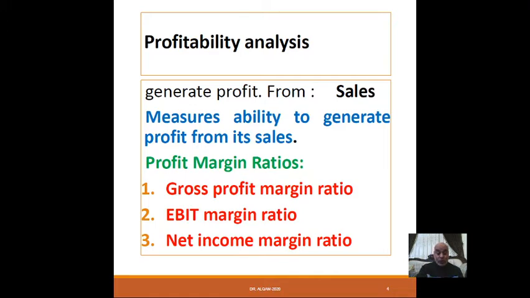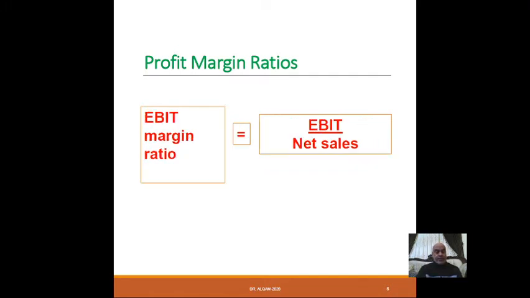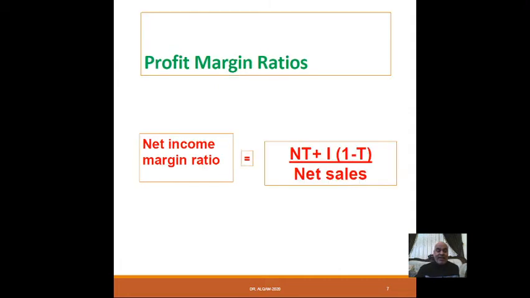How do we compute them? In this slide, we explain how we can compute the gross profit margin ratio: the gross profit over net sales. The earnings before interest margin ratio is earnings before interest and tax over net sales.